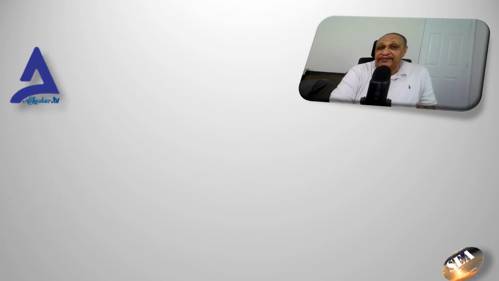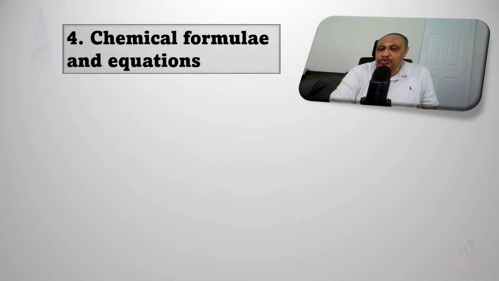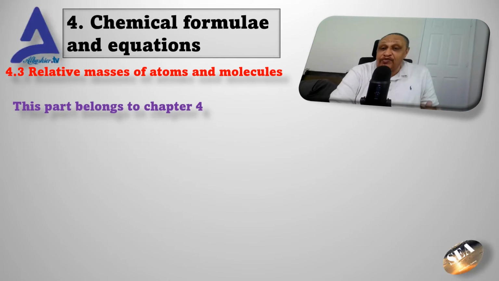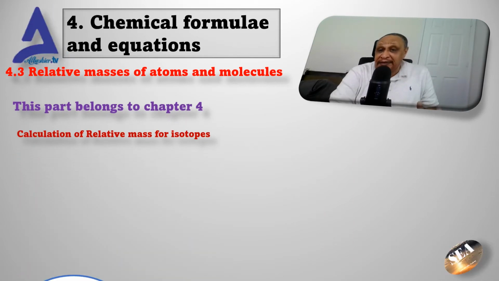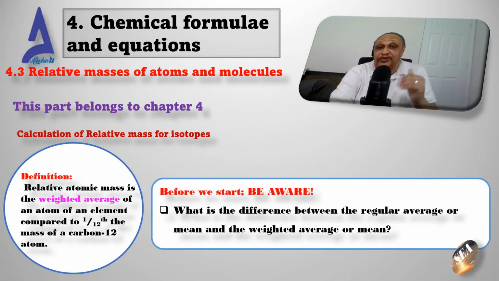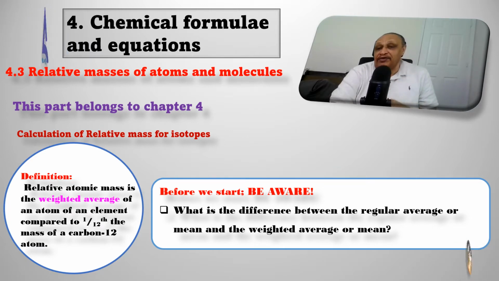Now, when we define the relative atomic mass, we compare it to 1/12 of the carbon 12, the isotope carbon 12. But my point here, I would like you to be sure before we start calculations.